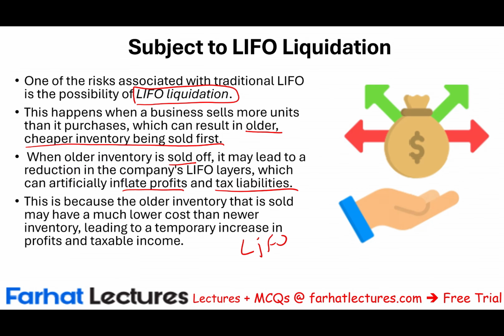If you don't replace your inventory, now you're going to go back to old, low cost inventory and liquidate it. So it's going to lead to a temporary increase in profit and taxable income. So we want to use dollar value LIFO to reduce this LIFO liquidation as well. So it's time consuming, it's burdensome, it's expensive, and the traditional LIFO could lead to LIFO liquidation.